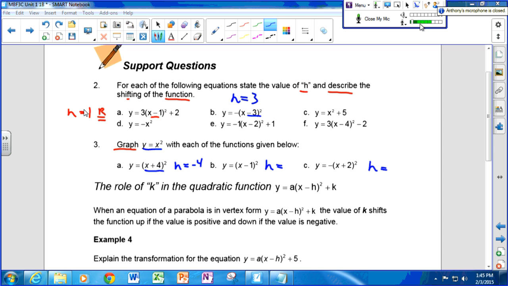And the reason for that is that if we substitute x minus -4 in those brackets, and then it's squared and all that, when we work out this part in the middle, we end up with x plus 4. And that's the only way to end up with x plus 4 there. Okay, great. Okay, well, how about B then? What is the value of h for B?